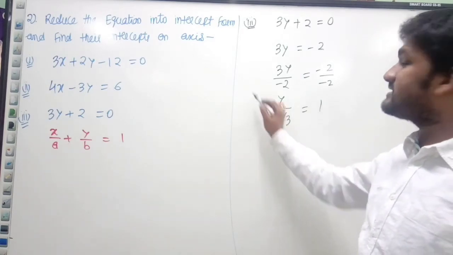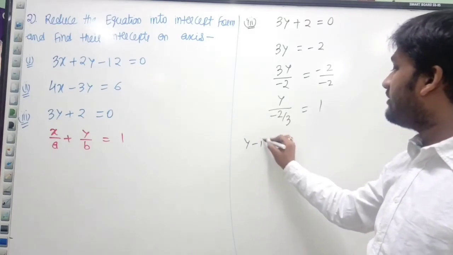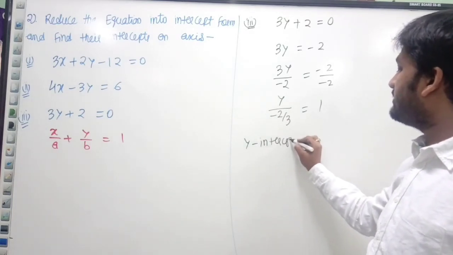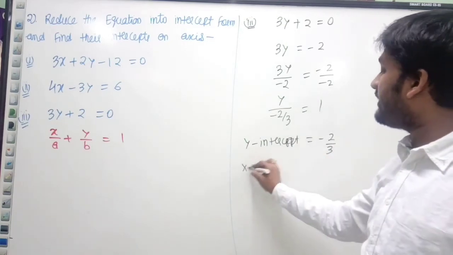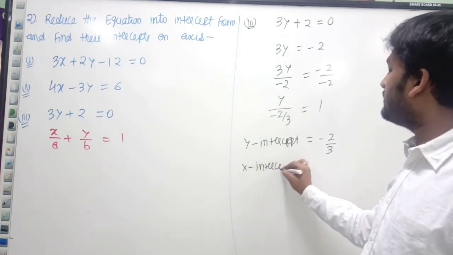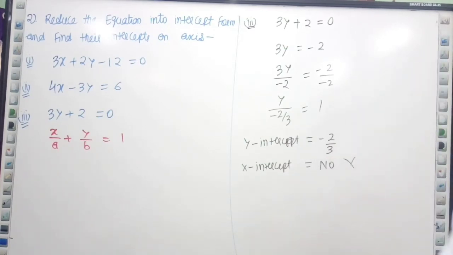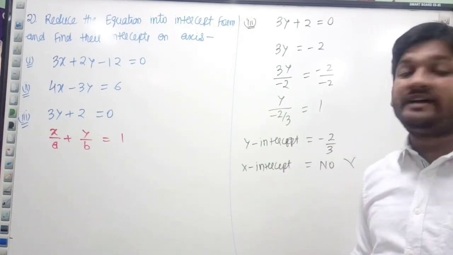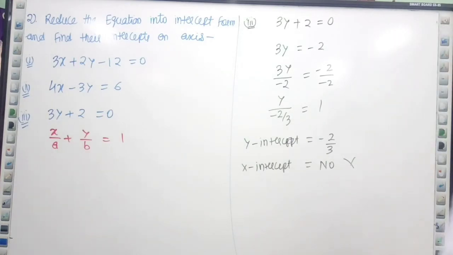We cannot write x upon something. Now if I compare this with this equation, I can say y-intercept is minus 2 by 3, and if I talk about x-intercept, no, there is no x-intercept, means this line does not intersect the x-axis, right? So this question is clear.